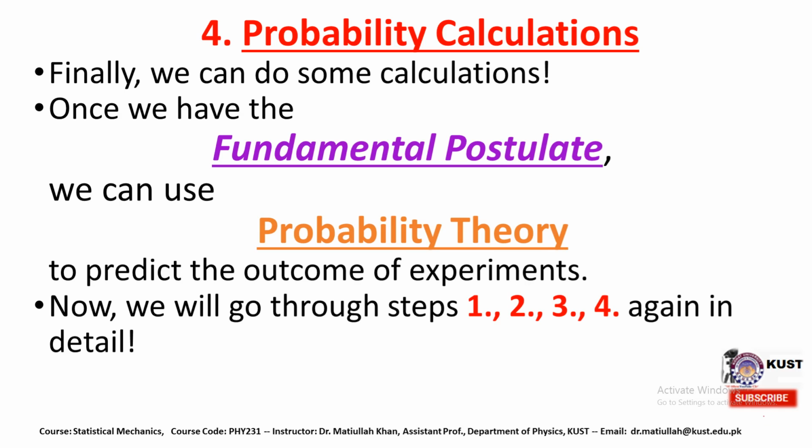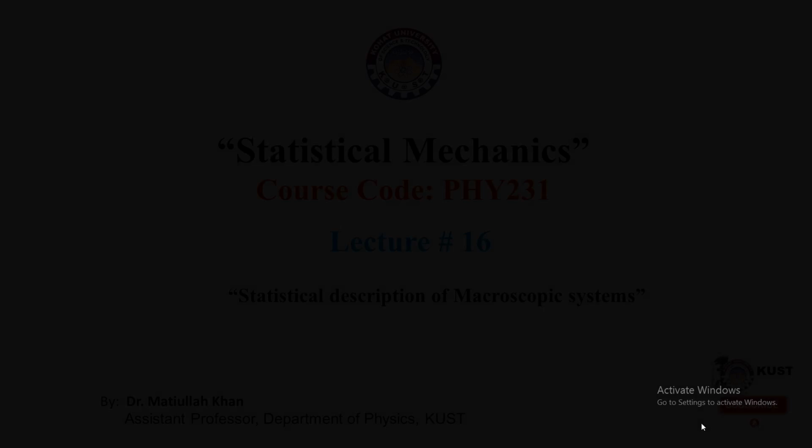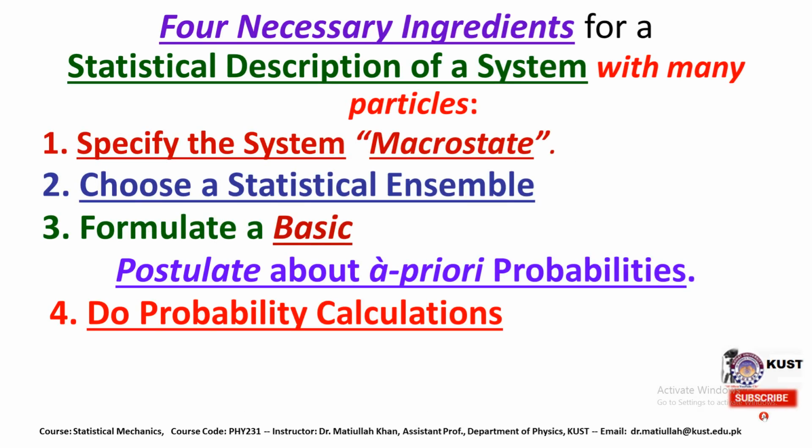Now we will go through steps 1, 3, 4 again in detail. So this is something about the statistical description of a system, that is how we can statistically describe a system and how many steps are required for that. The first step is the specification of a system, that is macrostate and microstate. The second step is actually the statistical ensemble. We need to know the nature of the particles involved in that system.